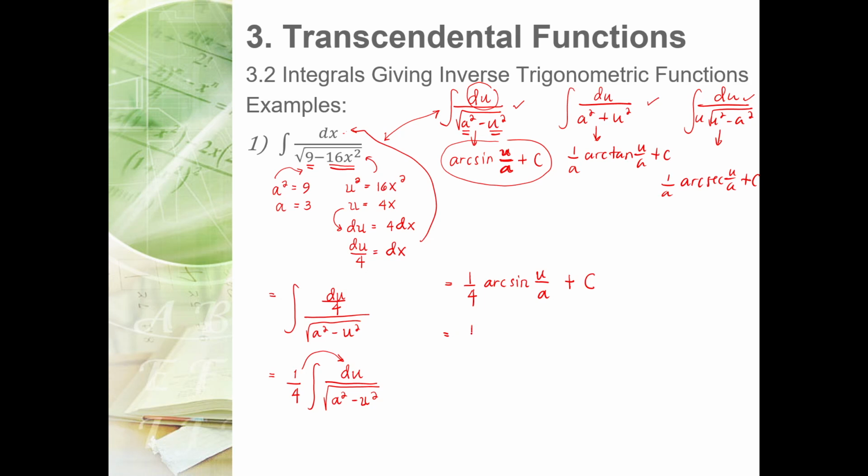Again, bring back the value of your u parameter. So you have 4x over 3 plus c. This is your final answer. We cannot simplify this by canceling out 4, because 4x over 3 is the angle of the arcsine function, or the inverse sine function, and 1/4 on the left side is the coefficient of the arcsine function.